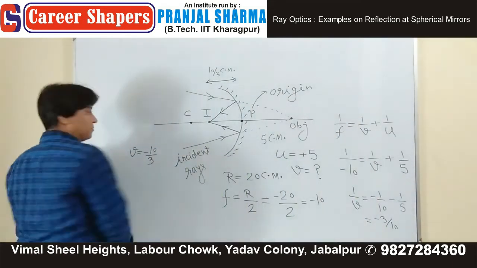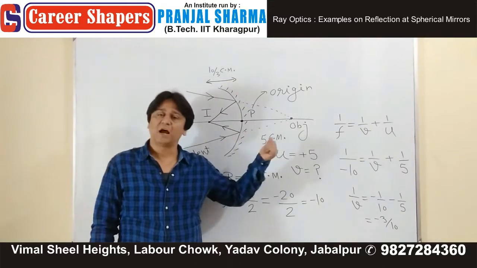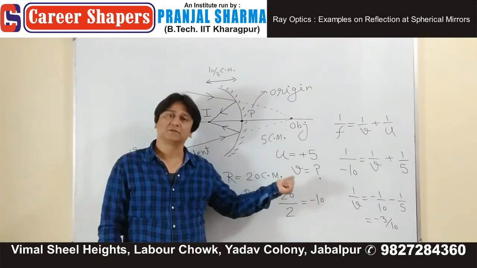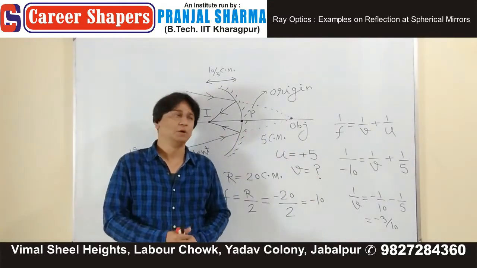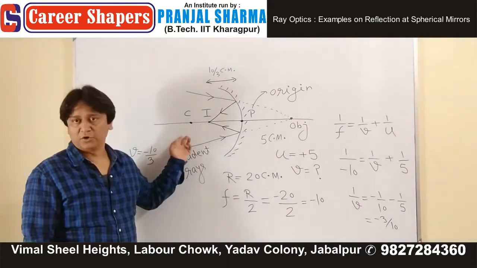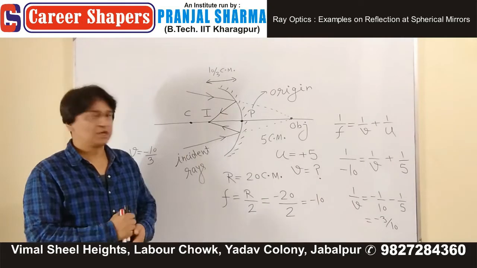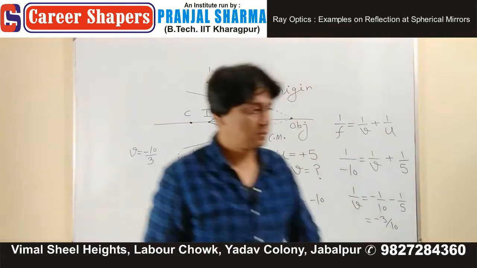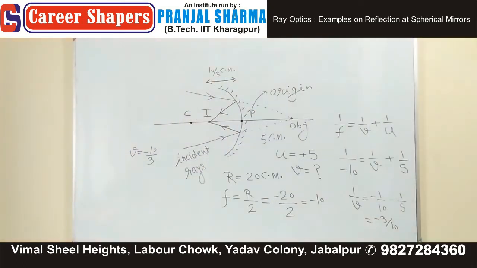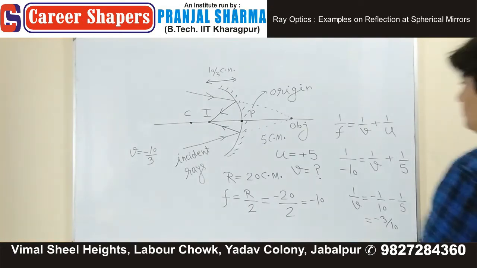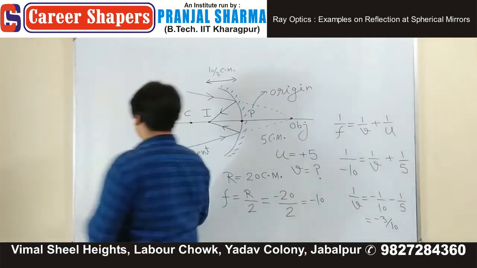Now tell me, what type of object do we have in this system, real or virtual? And what about the image? This image is real or virtual? Write down this in the comment box. Good. What is the concept?